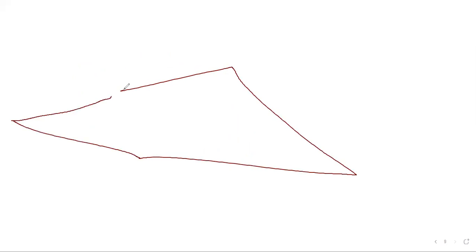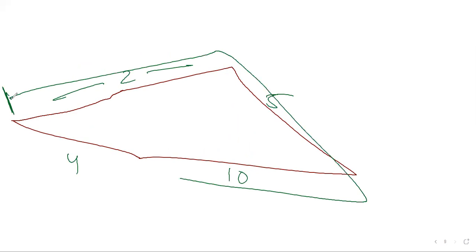This is not in your syllabus, I am just telling you. Example, this is 2 centimeters, this is 5 centimeters, this is 10 centimeters, this is 4 centimeters. What's the perimeter? You start from here: 2 plus 5 is 7, 7 plus 10 is 17, 17 plus 4 is 21. The answer is 21. So this is the perimeter. Now, is it clear what the perimeter is?